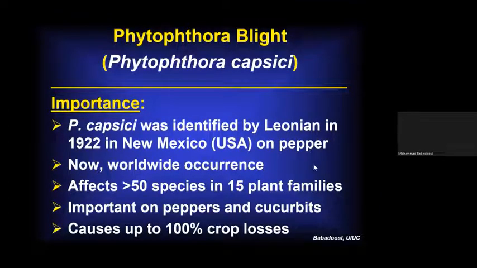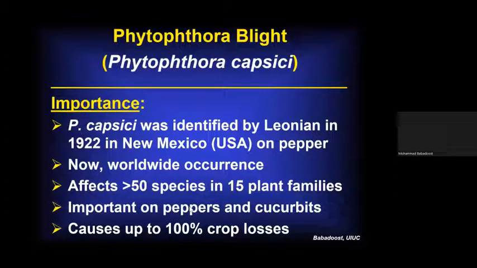So why is this important? Because Phytophthora capsici is right now worldwide. It attacks 50 species of plants, mainly crops, and the most important host crops are pepper and cucurbits.